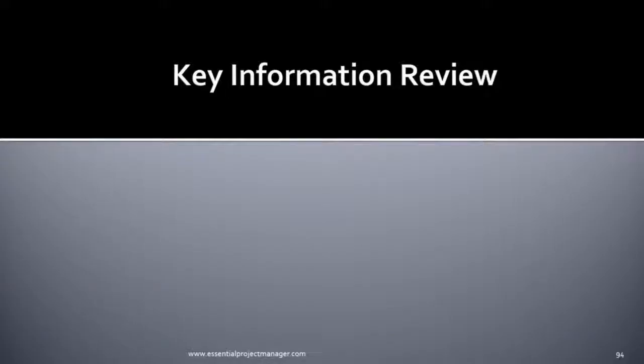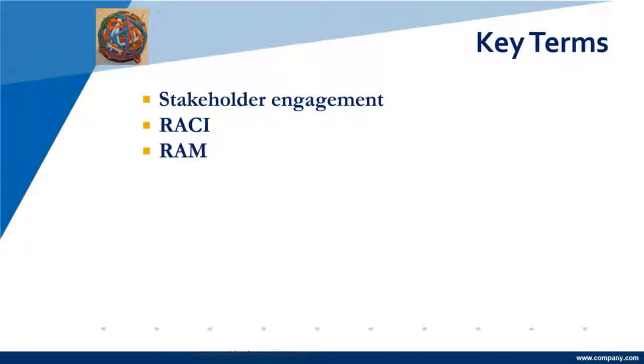And here we have a key information review, or key terms. Stakeholder engagement: understand what that is and the importance of it. The RACI: realize that's a key tool in stakeholder engagement, in stakeholder management. The RAM.